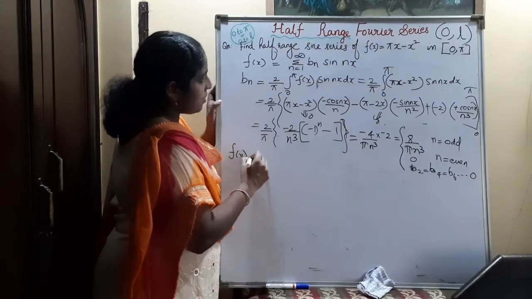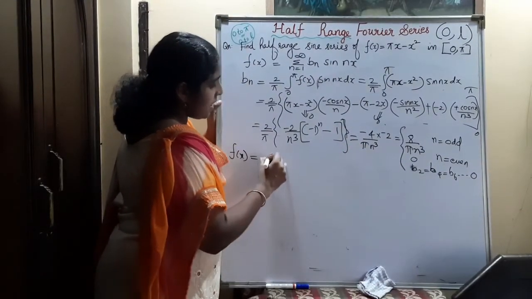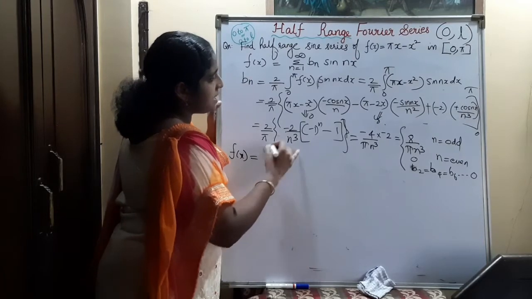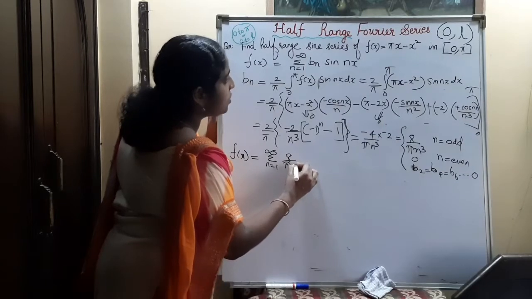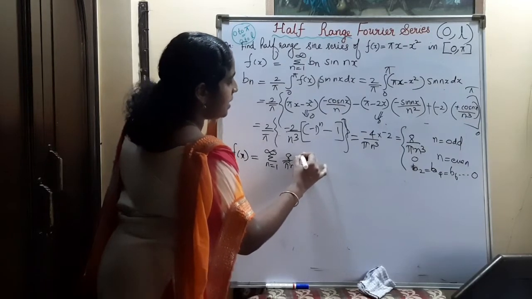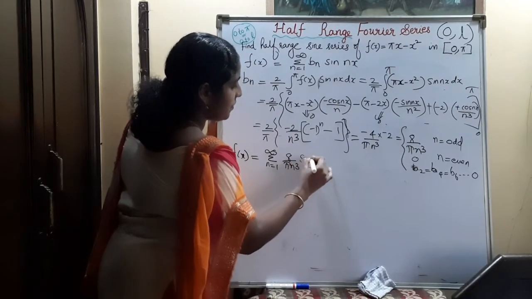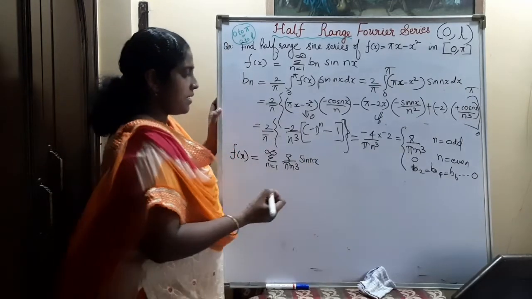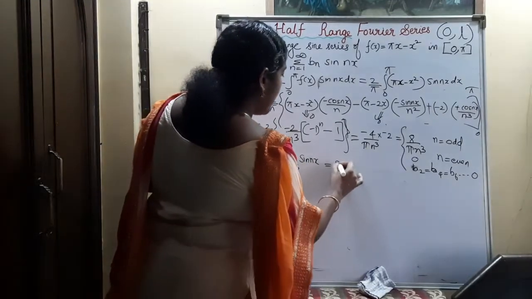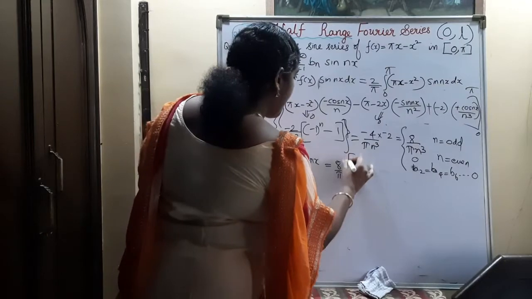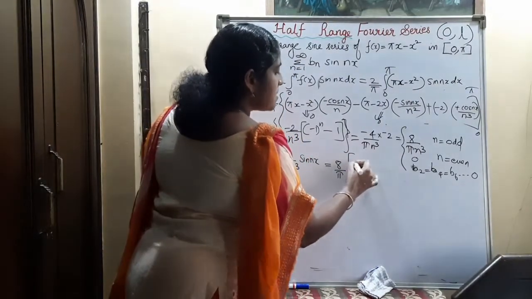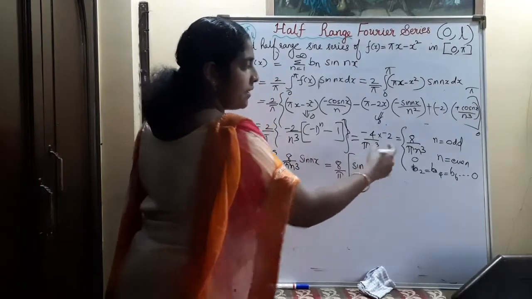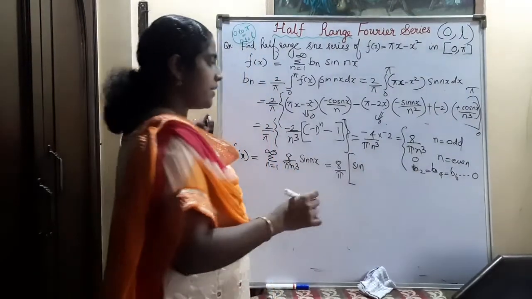So what will be our given function? f of x is equal to sigma n equal to 1 to infinity, and our bn is 8 by pi n cube, sin nx. That is equal to 8 by pi times sin nx, where only odd n appear; the even coefficients become 0.